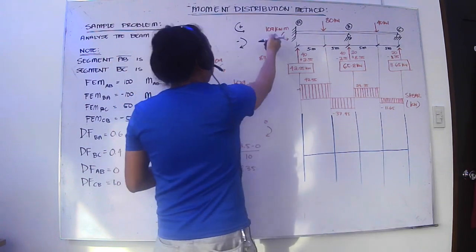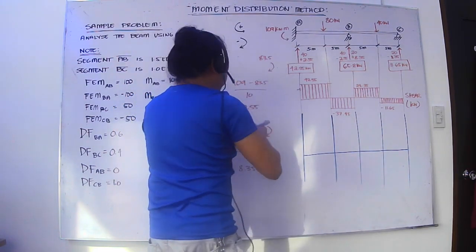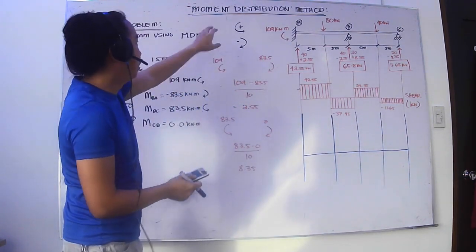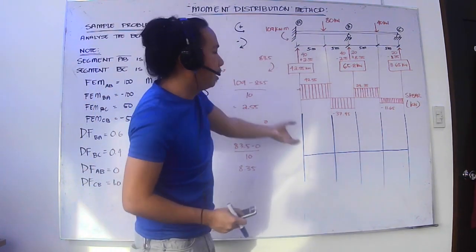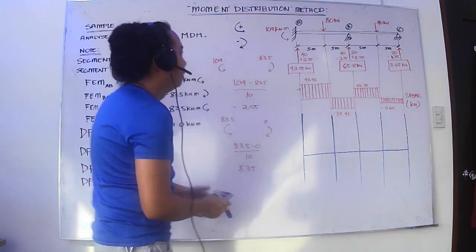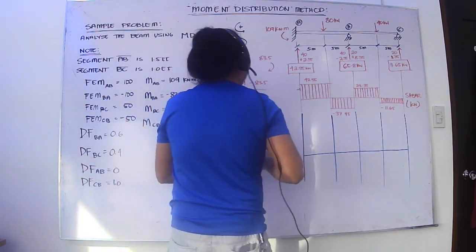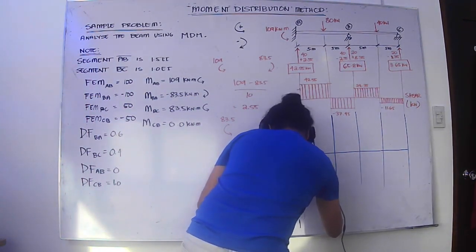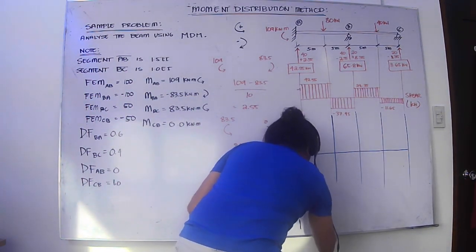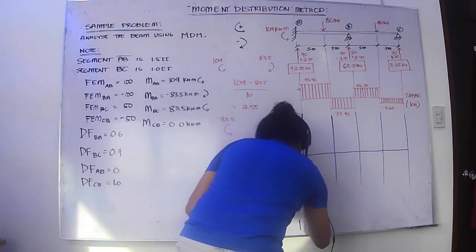We already know that we have a moment here. Although it is positive in its orientation, looking at the way the beam bends, it is negative. That is negative 109.